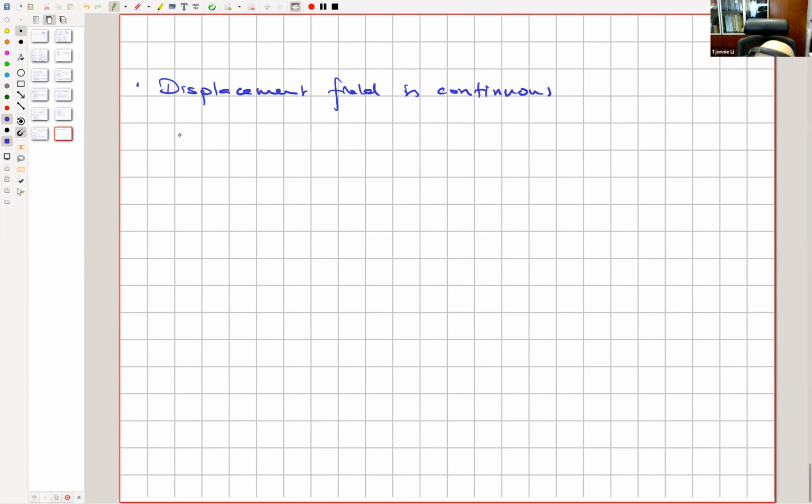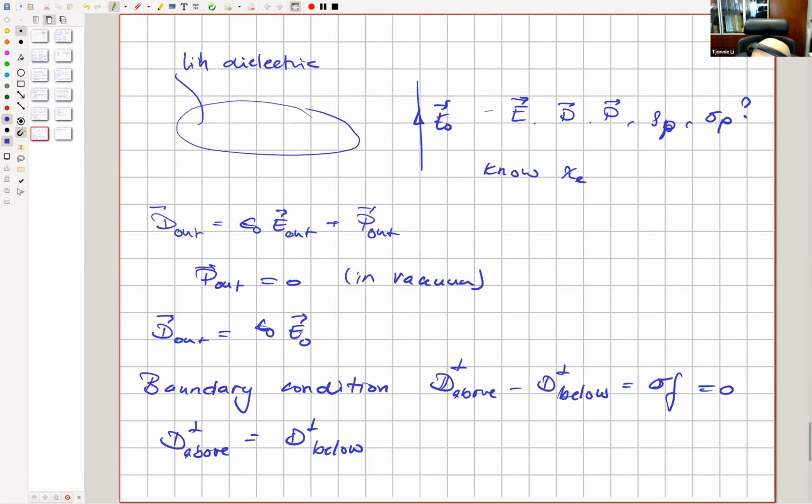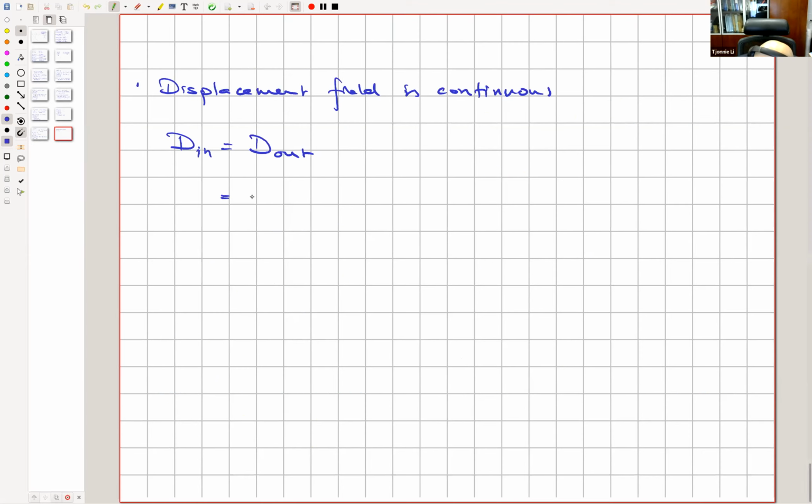So the D on the inside is the same as the D on the outside, which is just epsilon naught E naught. Now I know what the displacement field inside is.